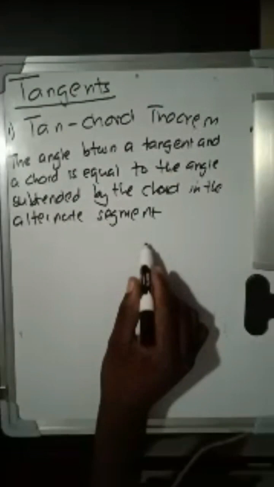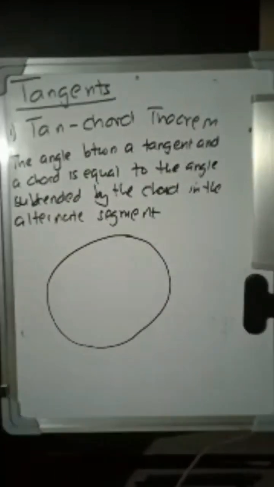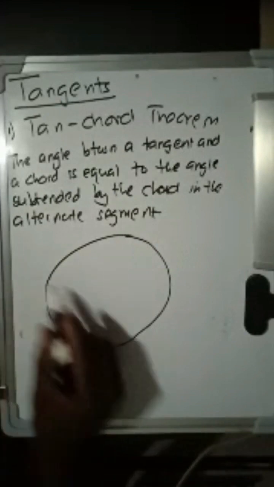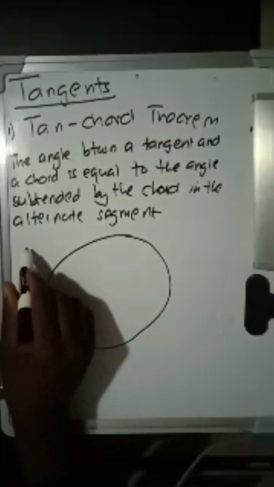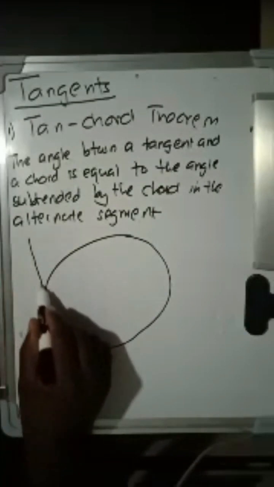Let me draw a circle. Let me draw a tangent because that's the one that is a bit difficult to draw. There's my tangent.